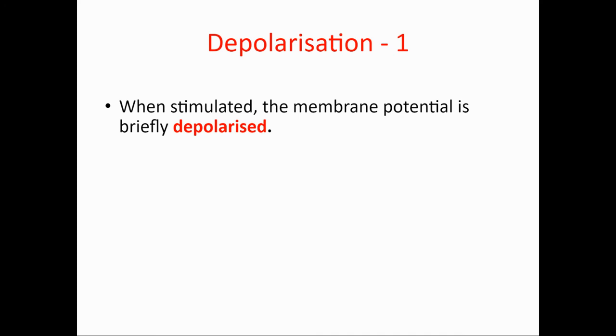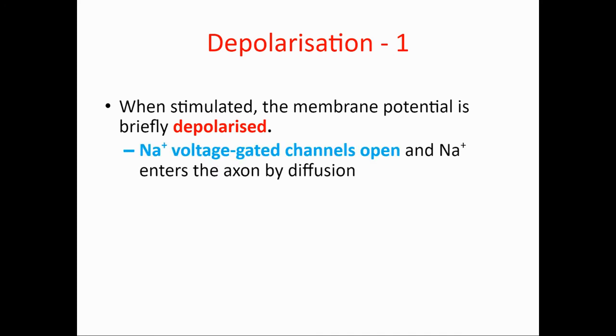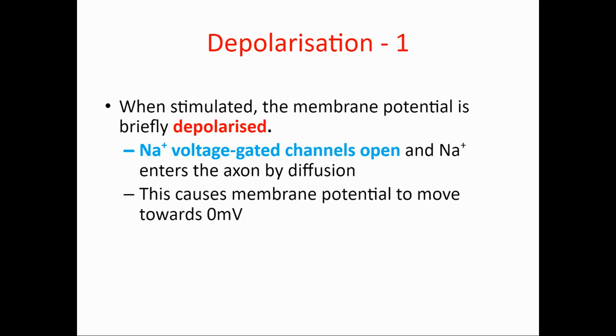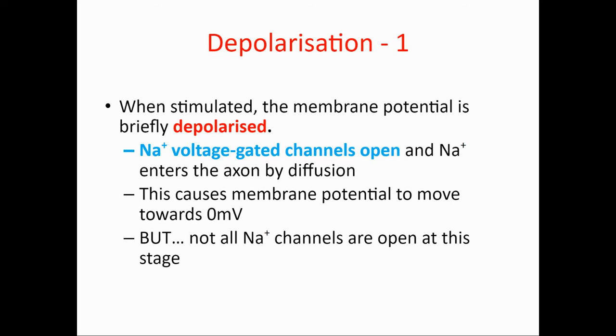So stimulation causes some sodium ion voltage gated channel proteins to open, and some sodium ions diffuse into the axon. Those sodium ions take their positive charge with them, and they start to move the inside of the axon away from minus 70 millivolts towards a less negative potential of 0 millivolts.